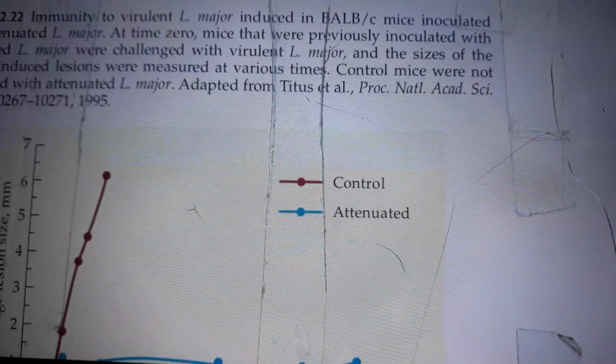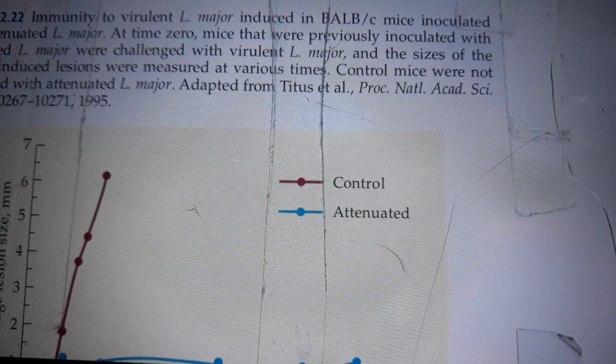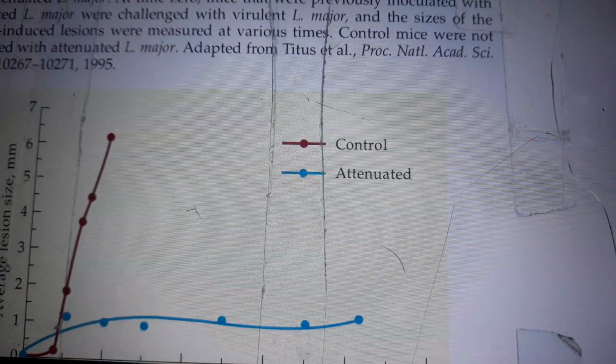Next is figure 12.22. You have immunity to virulent L. major induced in BALB/c mice inoculated with attenuated L. major at time 0. Mice that were previously inoculated with attenuated L. major were challenged with virulent L. major, and the sizes of the parasite-induced lesions were measured at various times.